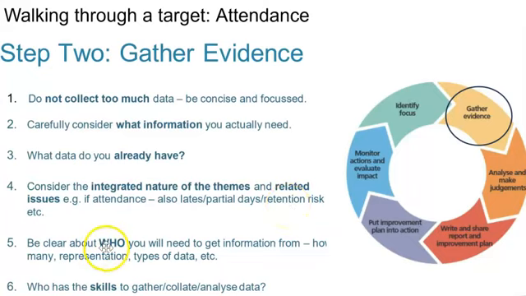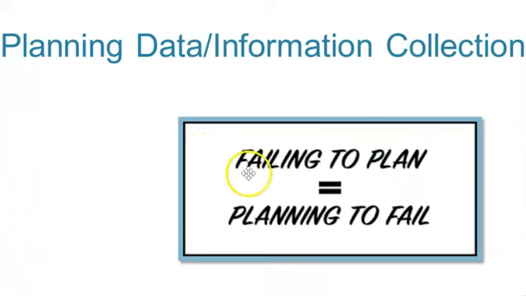Be clear about who you will need to get information from, how many, representation, types of data, etc. Who has the skills to gather, collate, and analyse the data? Failing to plan is planning to fail.